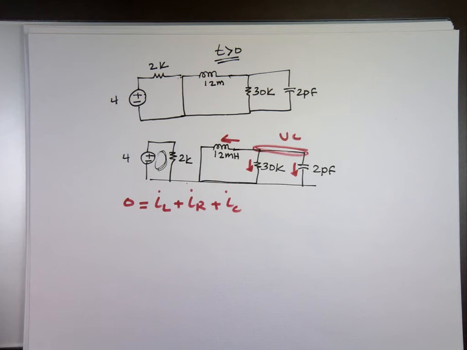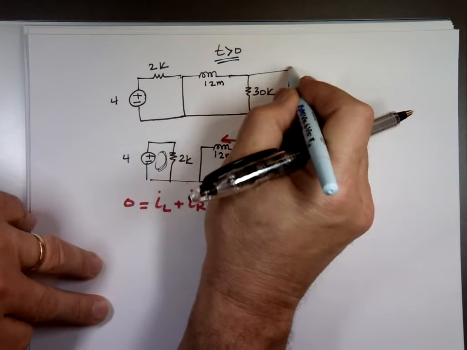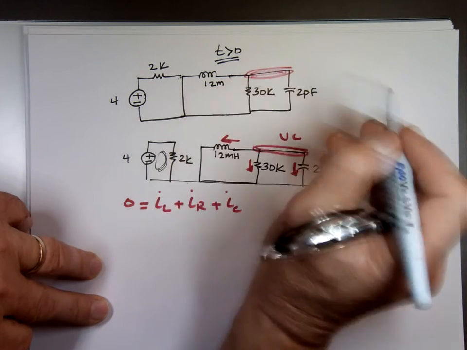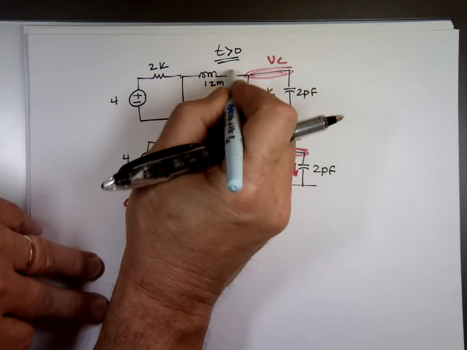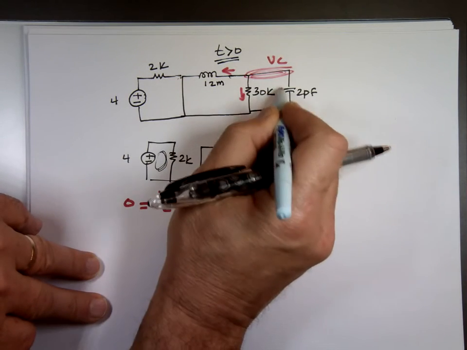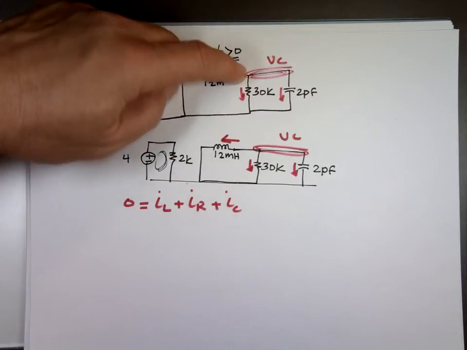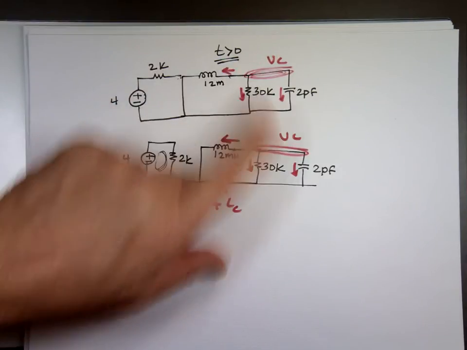Nothing going in. And if you did it right here, the same thing. So it doesn't matter if you change it to this or not. If you did KCL at that node, it's still going to be the same thing.